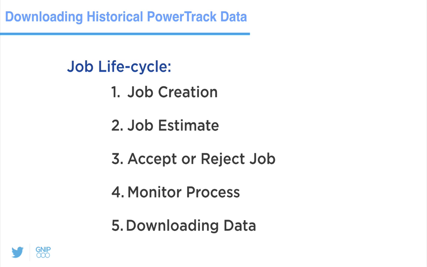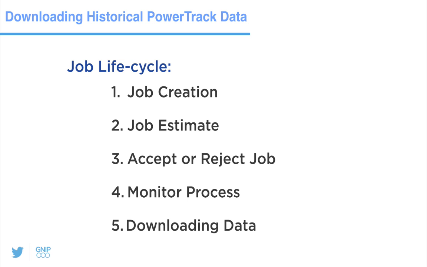So here's a quick description, a little bit of background of what's going on behind the scenes when generating these data sets. The first step is creating the job, which defines the time period you're searching from. It also includes up to 1,000 filters or rules that are used to pull data into your data set.